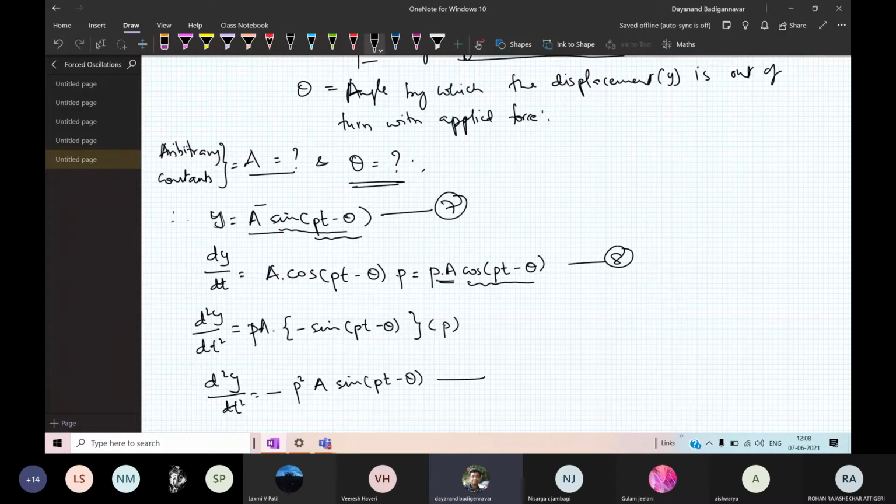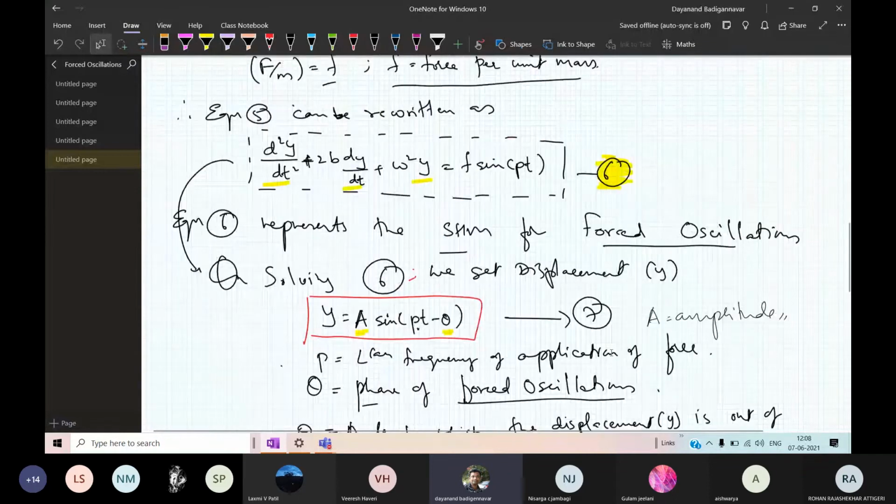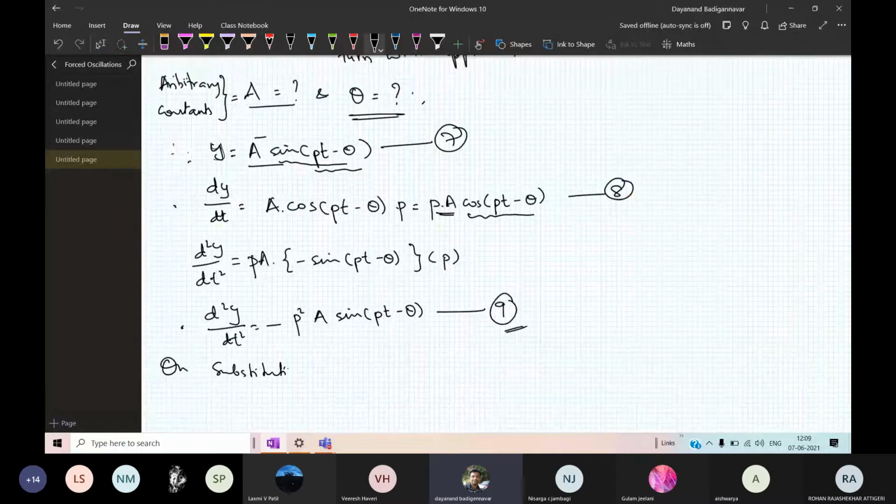Now I have got 9, that is d2y by dt square. I have got 8, dy by dt, and I have got 7, this is y. Now you substitute 7, 8 and 9 in equation number 6.